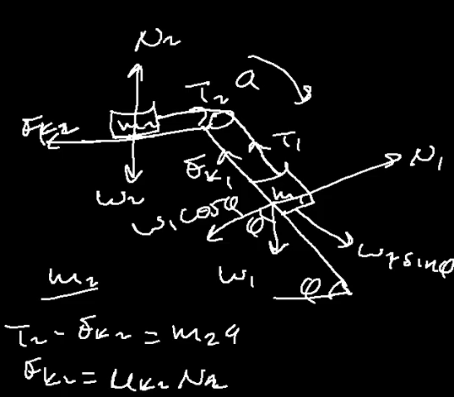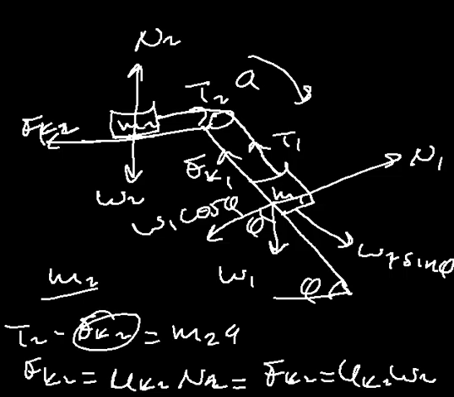Looking at the forces acting along the y-axis for object 2, we have the normal force 2 as well as the weight. So normal force 2 is the same as the weight of the object. So Fk2 is equal to mu k2 times the weight 2.